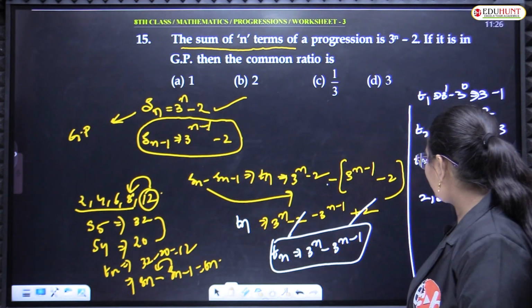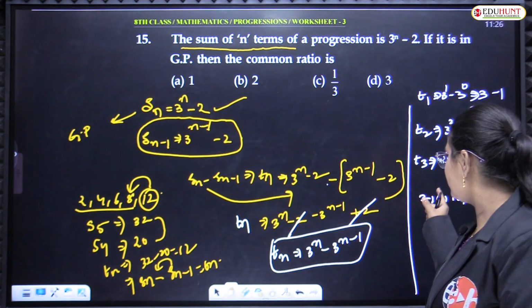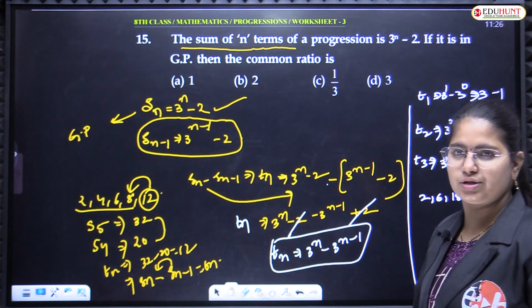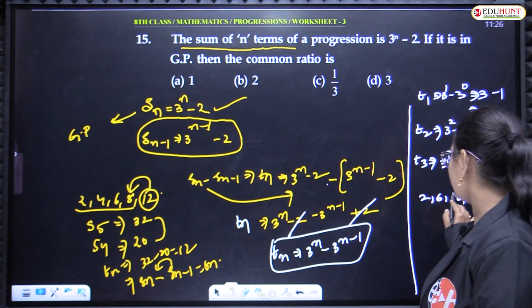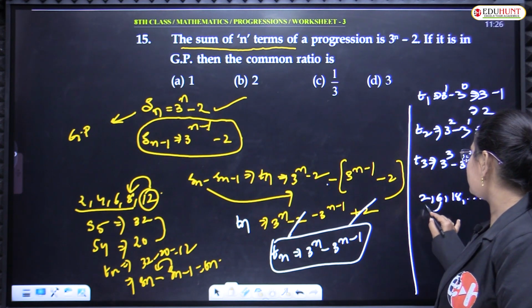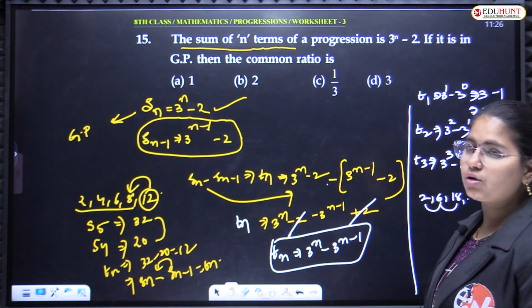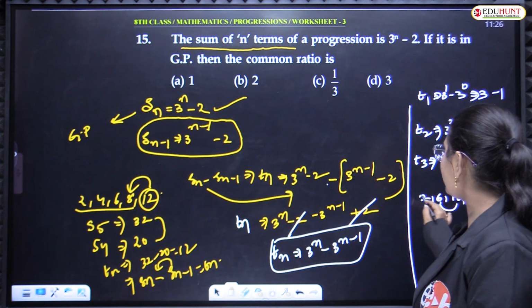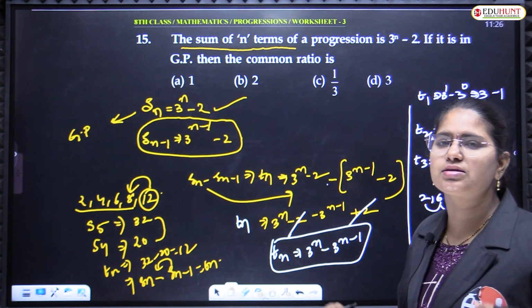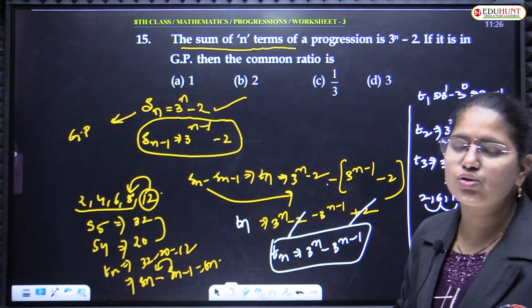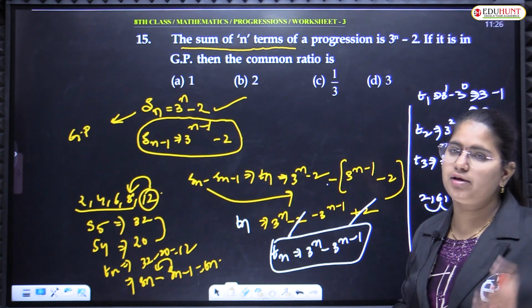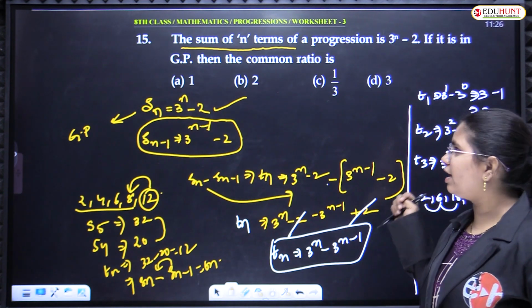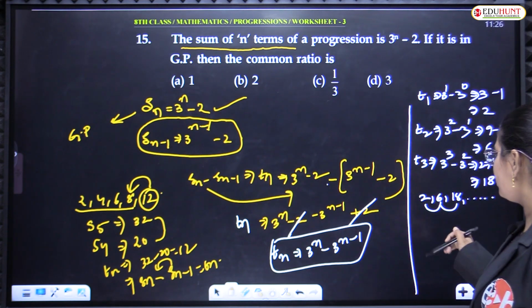Now, tell me, these terms are in which progression? We can check the common ratio. It is not a common difference, because 6 minus 2 is 4, but 18 minus 6 is not 4. So, these terms are not in AP. Let's check with a GP.